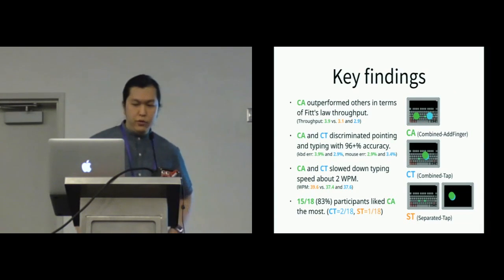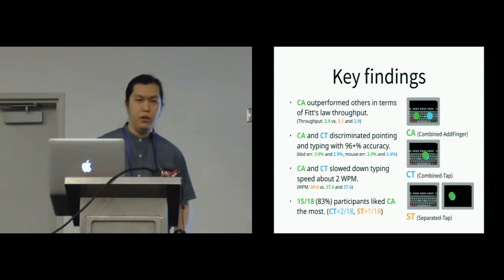We'll briefly report the key findings. For more details, please check our paper. In the CA condition, the combined add finger condition, thanks to the bimanual interaction, it has better Fitts throughput. And the combined condition discriminated pointing and typing with more than 96% accuracy.